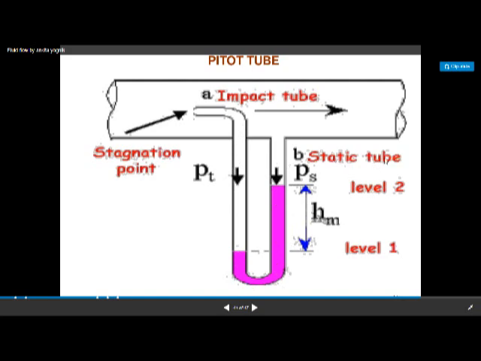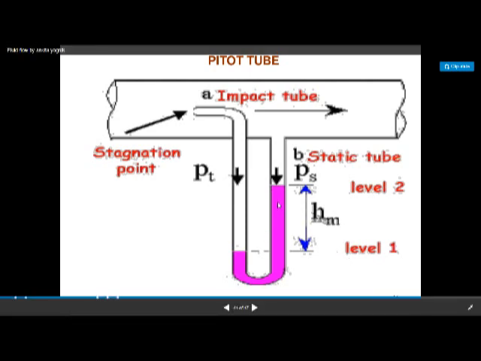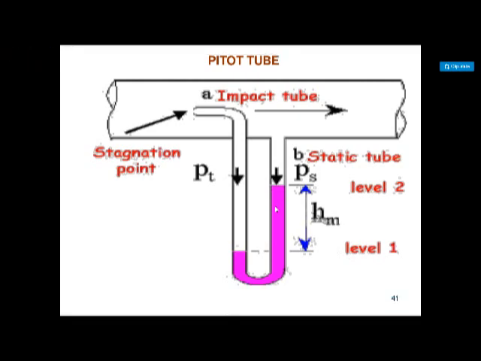This is a static tube. These are the levels in the manometer, and from the difference in the level, the height is measured, and according to the change in height, the pressure is measured, and according to this we can calculate the flow of fluid. So this is the diagram.